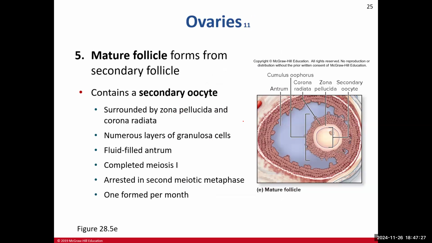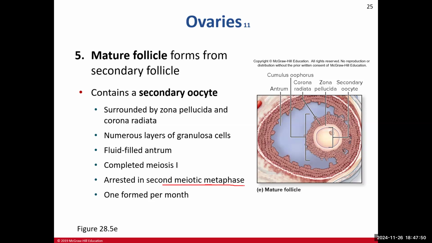All right. So this whole time, not much has really happened with the oocyte. Well, guess what? The oocyte now is going to resume meiosis, and it's going to transition into what we call a secondary oocyte. It is going to finish meiosis 1 only to go on to meiosis 2, but stop in metaphase. And that's where it's going to stay.